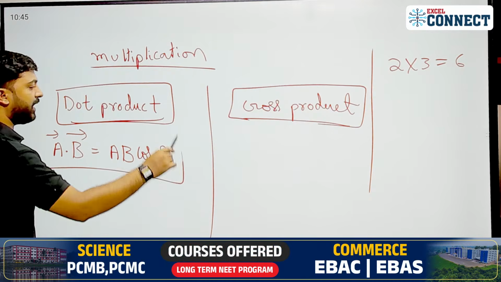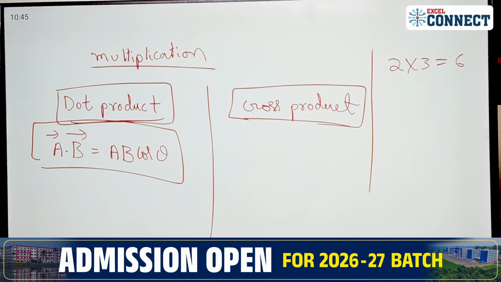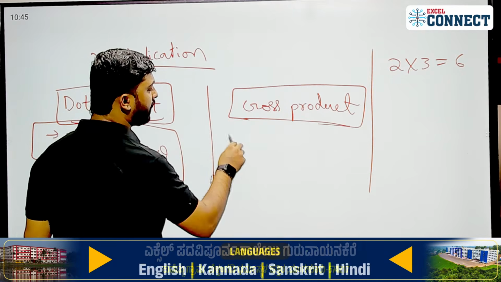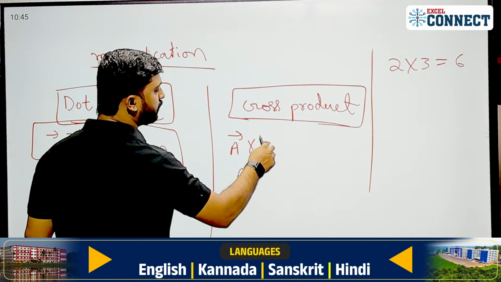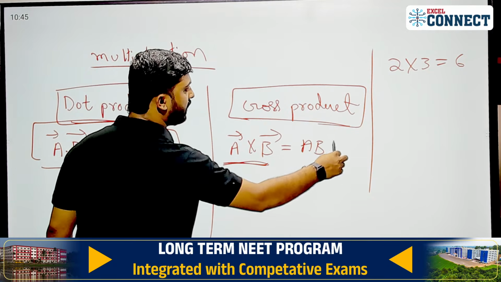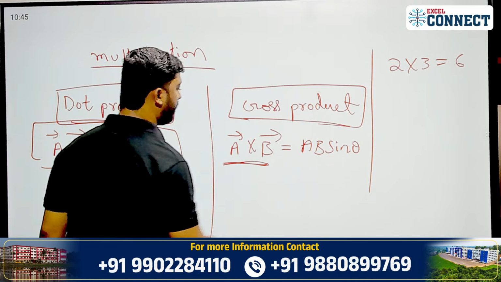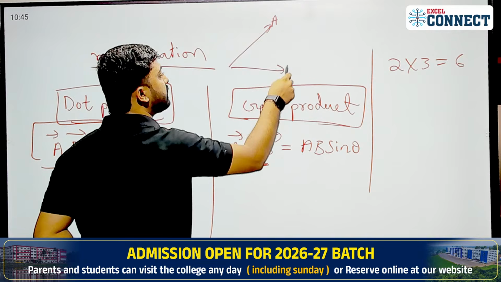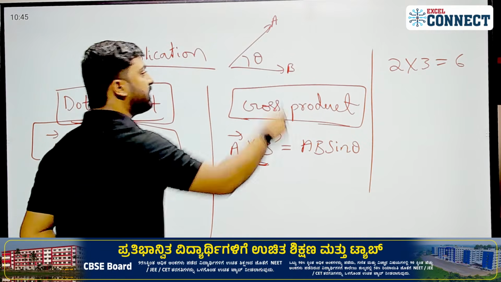If you use this formula, AB cos theta, you will get dot product, and cross product is represented as A cross B. If you want to find the value of this, you have to use AB sin theta. What is theta? Theta is the angle between two vectors. If A and B are two vectors, angle between them is theta.